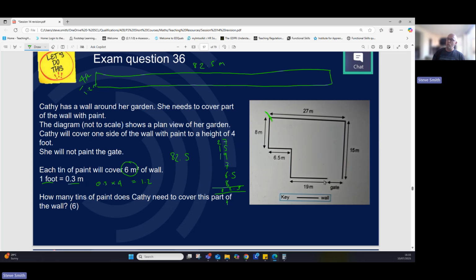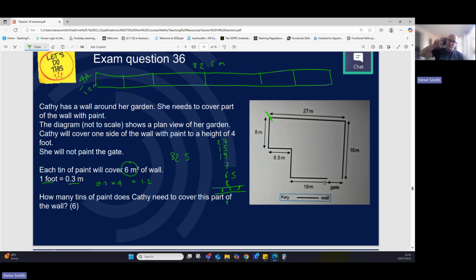And the reason I've done one big long wall there is not to show it in a straight line for any particular reason, but all we've done is we've got the 27, then we've got the 15, then we've got the 19, then we've got the 7. So we've split it into the chunks, but when I added it all up, it became 82.